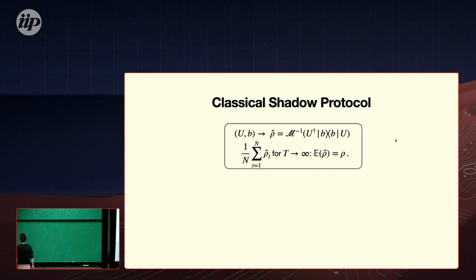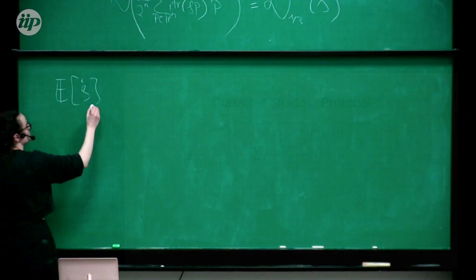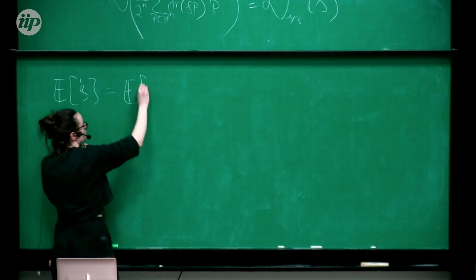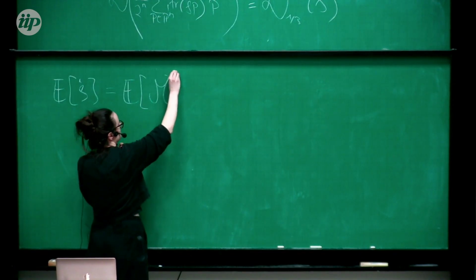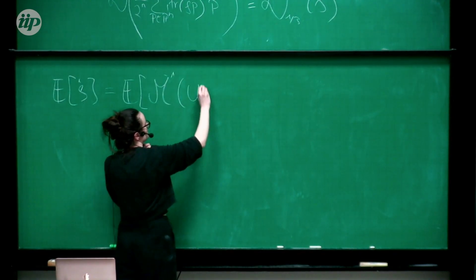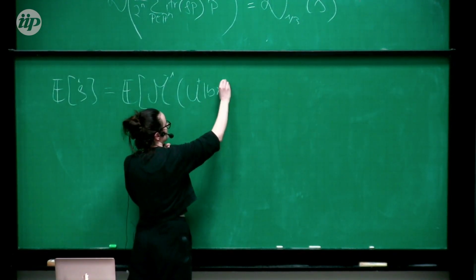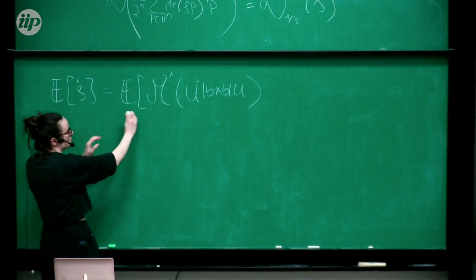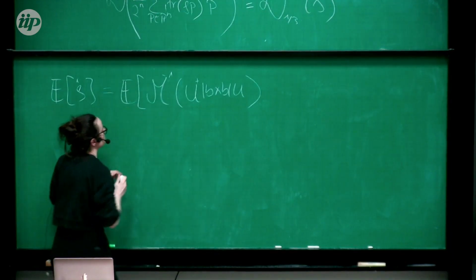So what we can write is the expected value of rho hat is the same as the expected value of the inverse of the measurement channel applied to U dagger |b><b| U. And this expected value now goes again over all of these U's and B's, right?